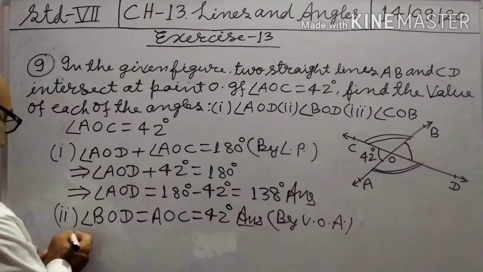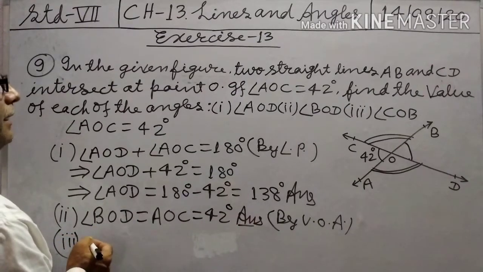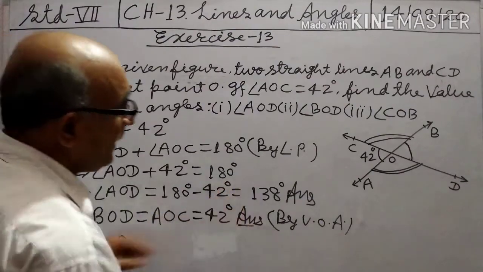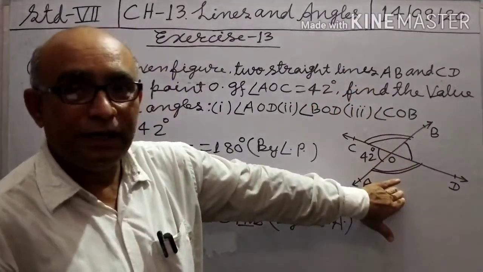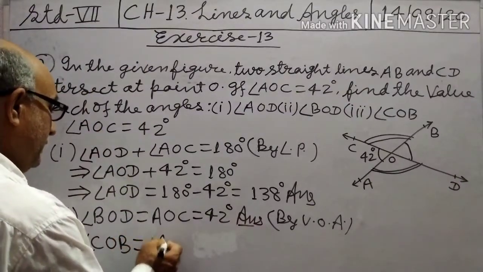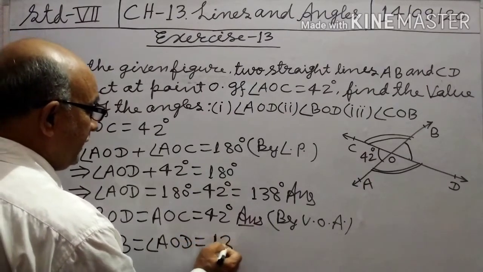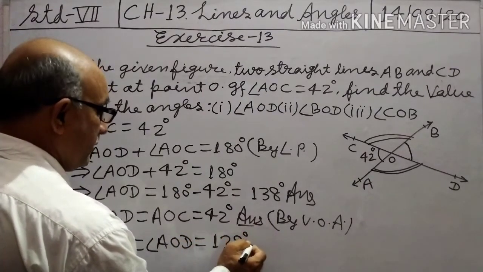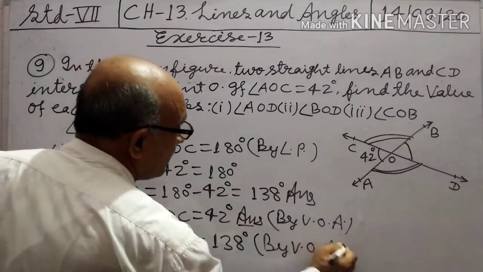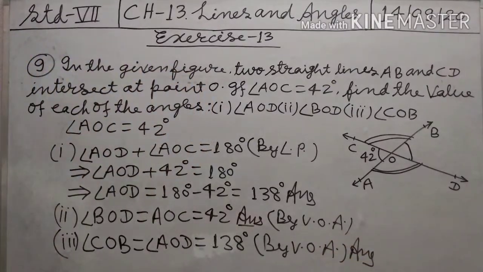Next, question number 3. Find the measurement of angle COB. Angle COB equal to angle AOD by vertically opposite angle, equal to 138 degree by VOA. Answer. Students, understand and write it.